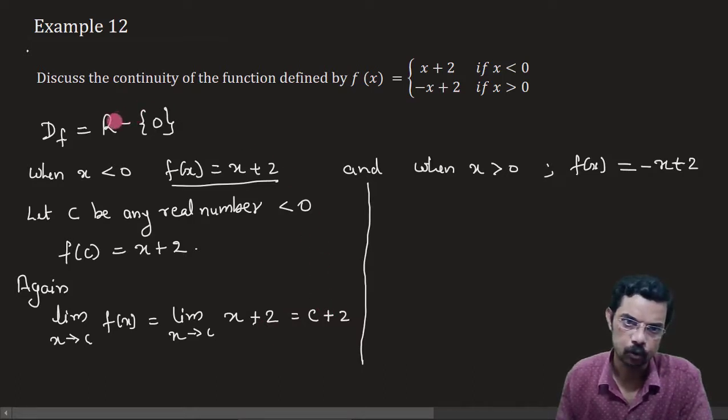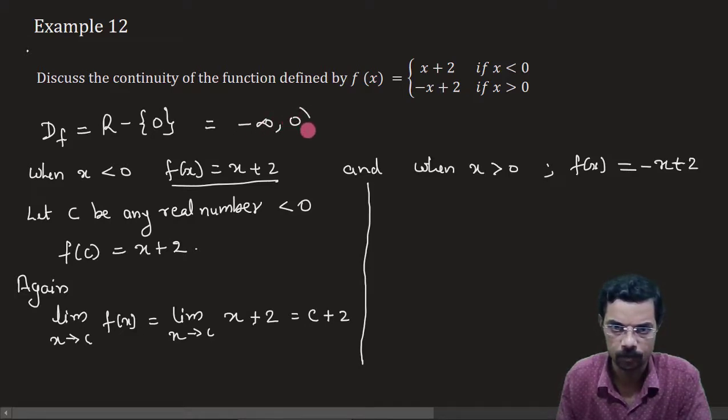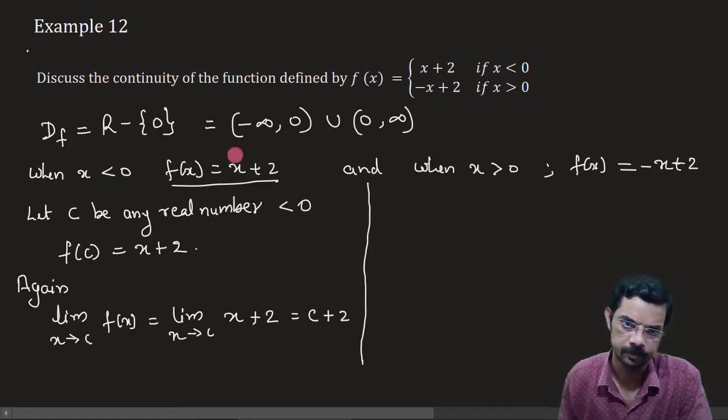in the two partitions of the domain, that is minus infinity to 0 and 0 to infinity, correct? These are the two cases. So this is for minus infinity to 0.